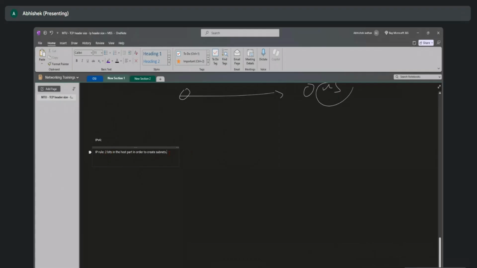The next important thing is, I believe I have already told you regarding APIPA, right? So what does this mean? This is nothing but automatic private IP assignment. So what is the job and role of APIPA? Let's say your DHCP server is there.